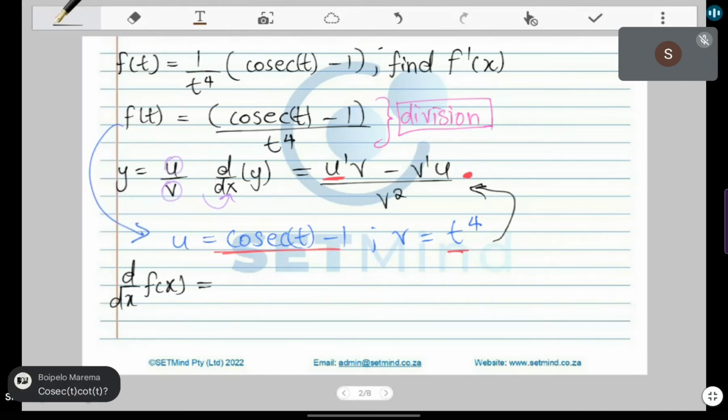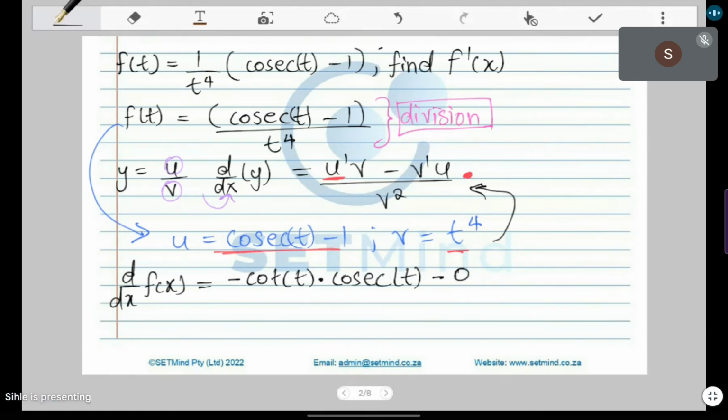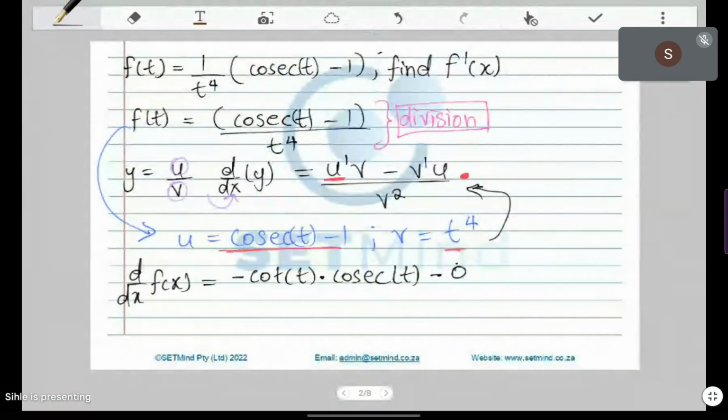If you derive cosec t, the answer you get is negative cot t times cosec t. And then the derivative of 1 is obviously 0. And then we minus now.